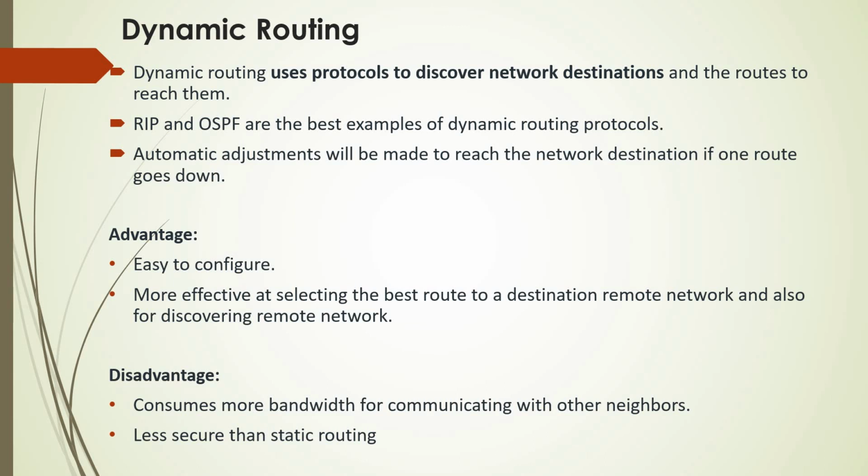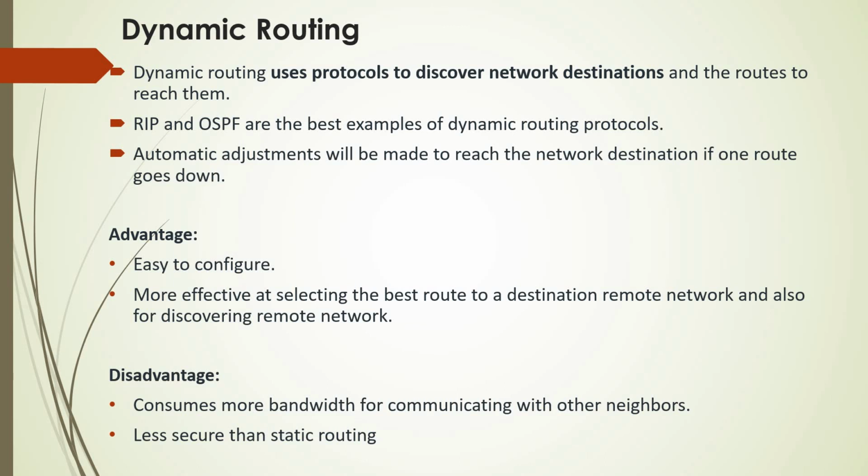What is the job of this kind of routing? It automatically adjusts and tracks the destination networks, and selects the best path to reach the destination. The advantage is that it is very easy to configure and very effective at selecting the best path to reach the destination.